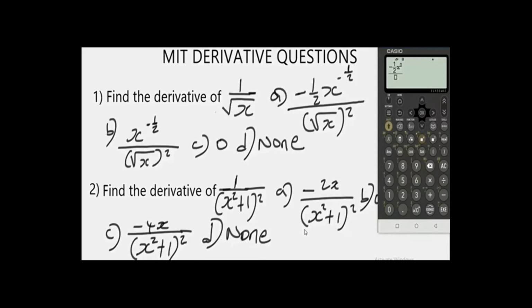Now we have a fraction. First of all, put this negative sign, then this fraction button. So that's what we have there, 1 over 2. You go to the denominator, so we have square root of x, shift and this button. So everything is in bracket. Let's enclose it in a bracket.